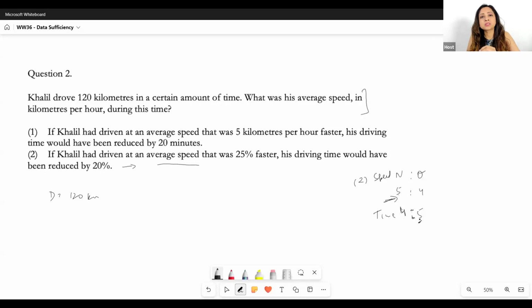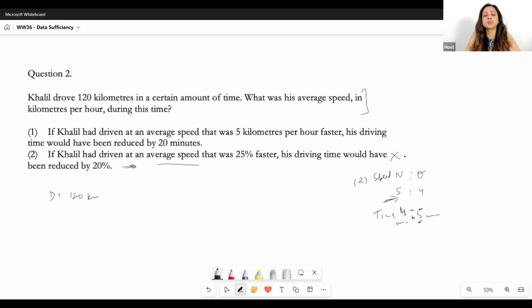And that means there's a reduction of 20% in the time taken. Let's say if time taken in the old scenario was 5 minutes, this would become 4 minutes, right? So it's a reduction of 1 minute in 5 minutes, which is a 20% reduction. I can also tell you that. So you're not giving me any information in this statement, which means that certainly this statement is not sufficient.